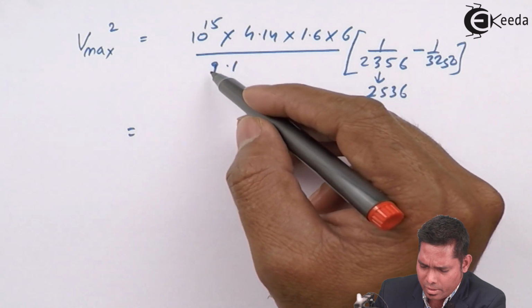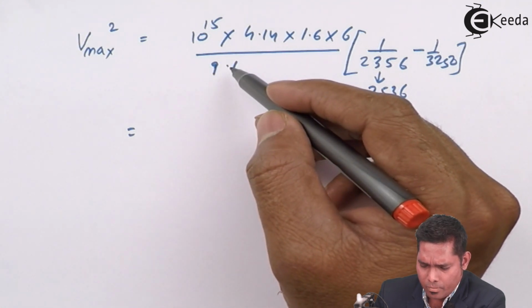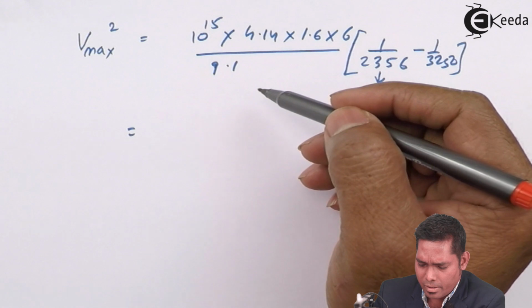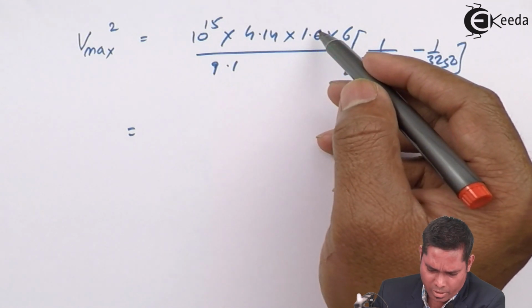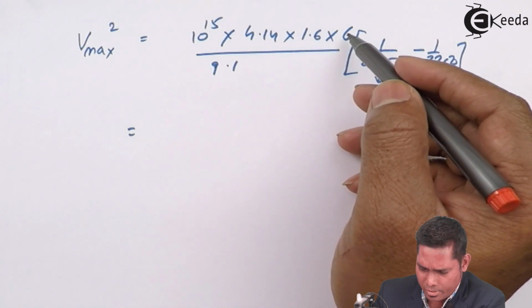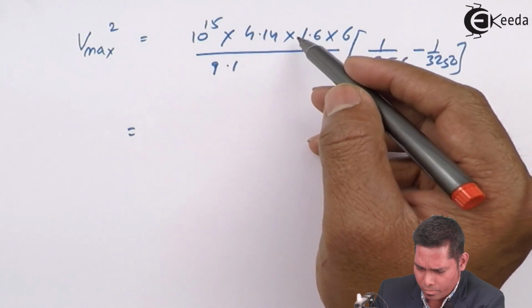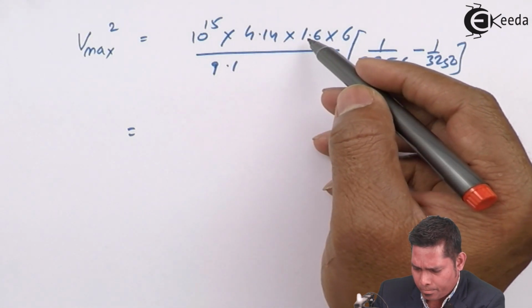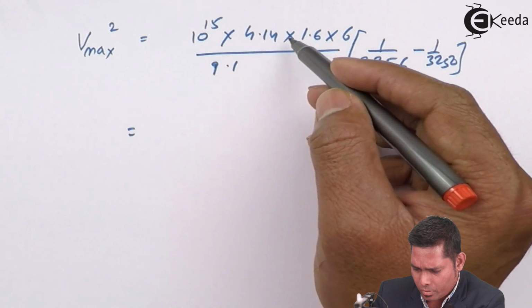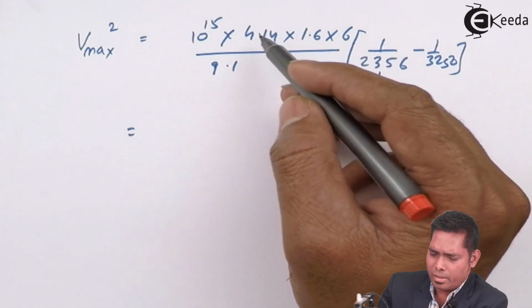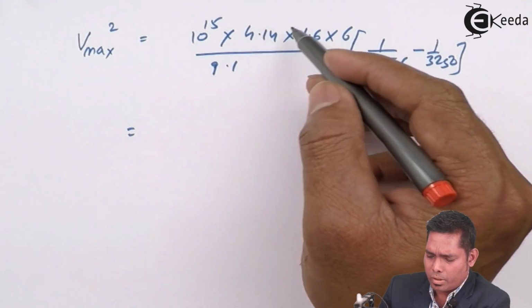So this I'll take with no hesitation. If I take this as 10, there is no problem with that. 9.1, I will take 10. Here I'll take 1.5, and this is 6.5 around. I'll take 6.5, 6.4, these two together.